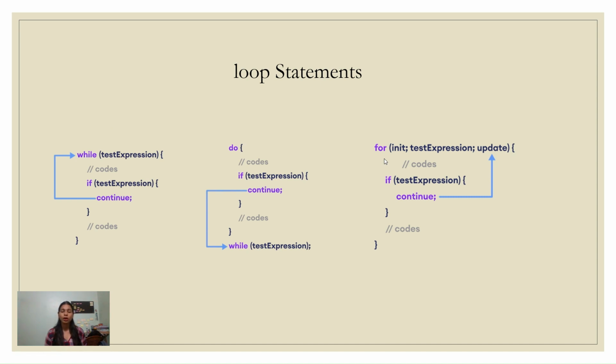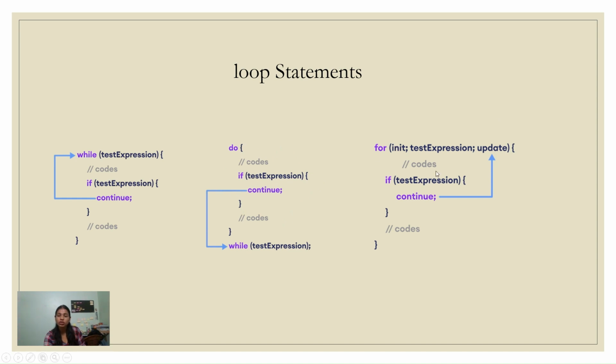The while and for loops are known as entry loops, whereas do while is known as an exit loop. Why is it so? Because as you can see, there is a test condition before execution of their body. If this condition is true, only then is the body going to be executed. But in do while, the body of do is going to be executed at least once.